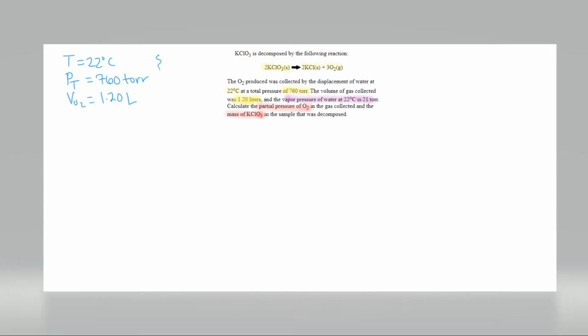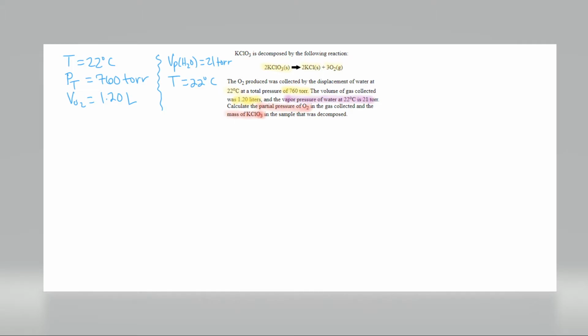And we are also given the vapor pressure of water, H2O, is 21 torr, and its temperature was 22 degrees Celsius. Okay, so with that information, we can actually start solving the problem.